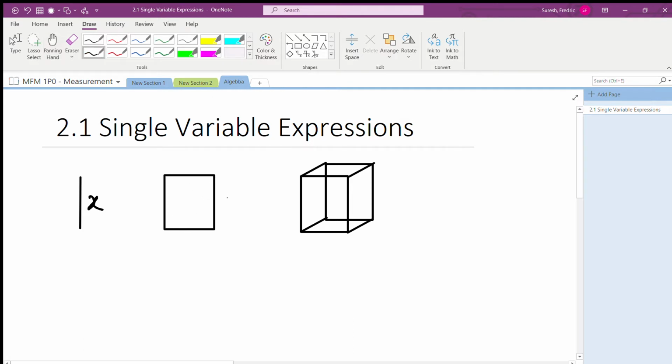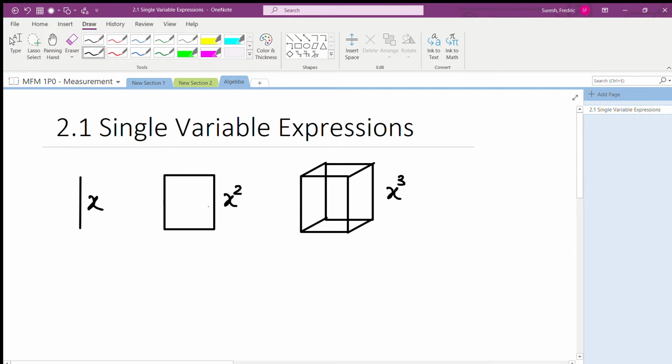You can think of this as x squared because this 2 represents a length and a width. It's 2D. And when you look at the three-dimensional shape, you can think of this as x to the power of 3 because it's got a length, a width, and a height. So that's x to the power of 3.